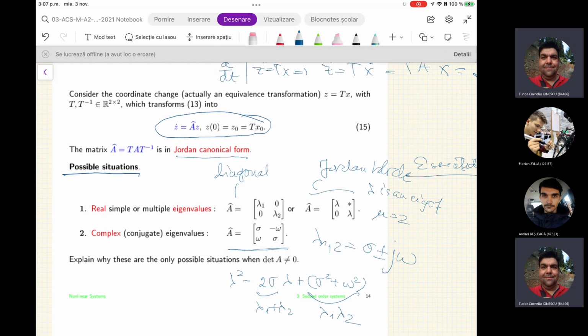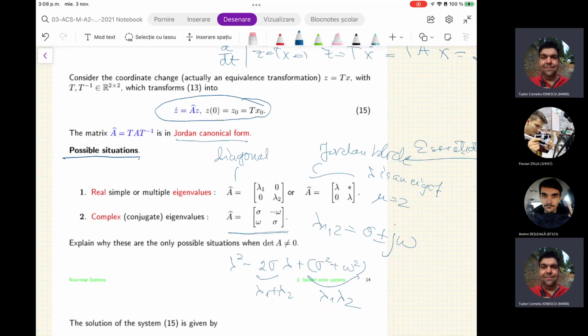So it's easy to prove, and this is the canonical form when you have complex conjugated values.